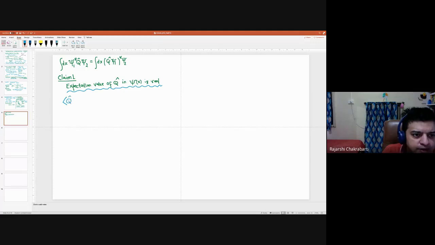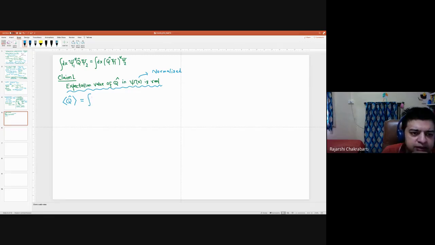How do I calculate the expectation value of an operator Q? I assume this function is normalized. So how do I write down the expectation value? Can anyone tell me what is the definition? I have only one psi, no? Because expectation value means, yes, it is a diagonal term.